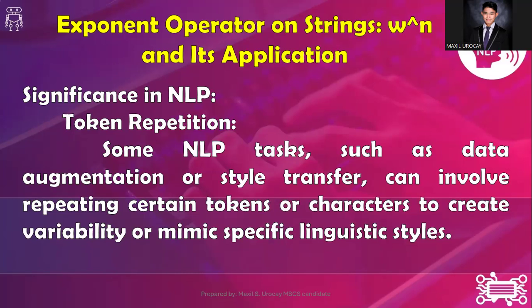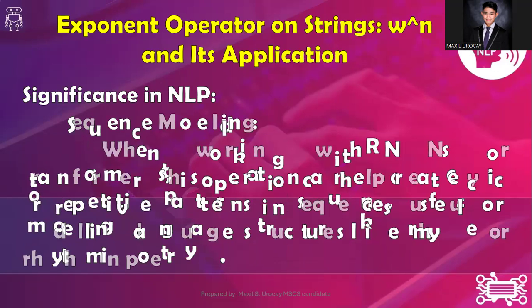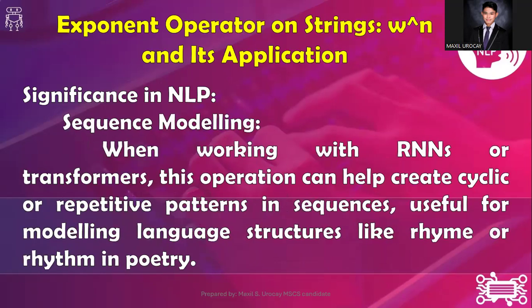So next will be sequence modeling. When working with RNNs or transformers, these operations can help create cyclic or repetitive patterns and sequences, useful for modeling language structures like rhyme or rhythm in poetry.